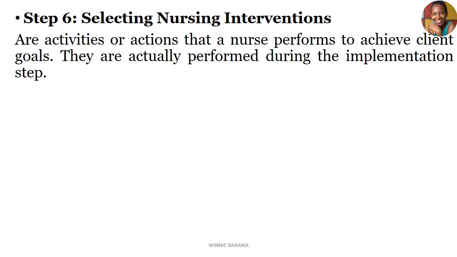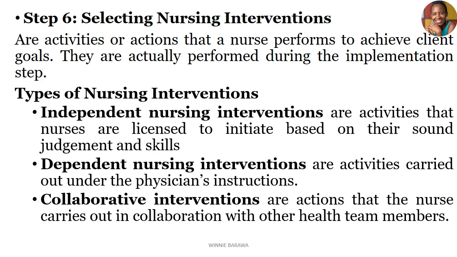So here this step focuses more on the selection of nursing interventions. And now this brings us into the types of interventions that a nurse can select. So there are three types of nursing interventions here. We have the independent nursing interventions, the dependent and the collaborative nursing interventions.